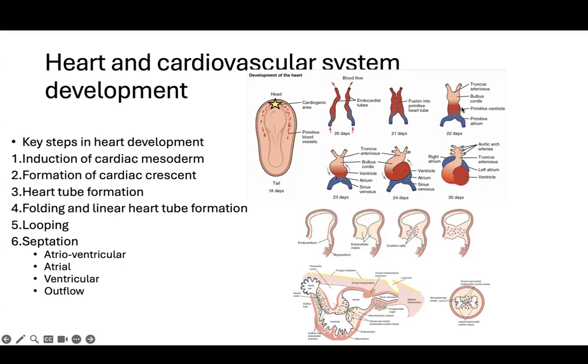As you can see, the deoxygenated primitive atrium is on the bottom, and we've got the truncus arteriosus, which is going to develop into the pulmonary and aortic vessels.